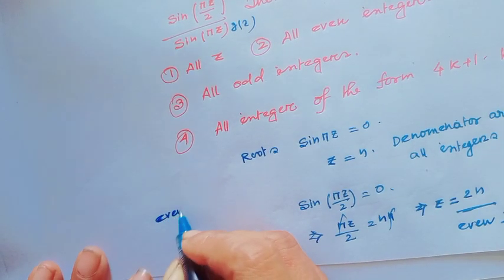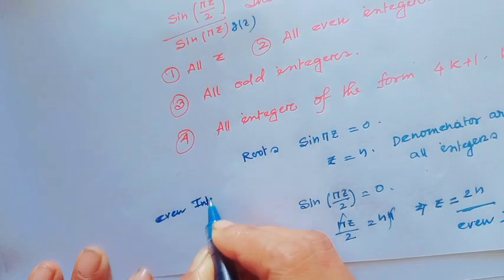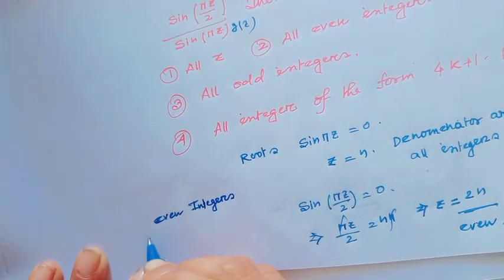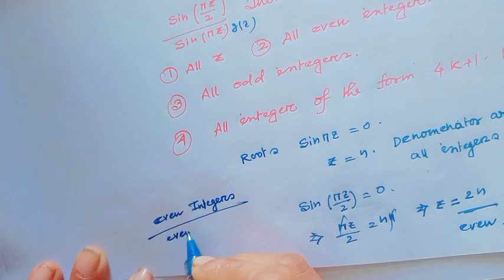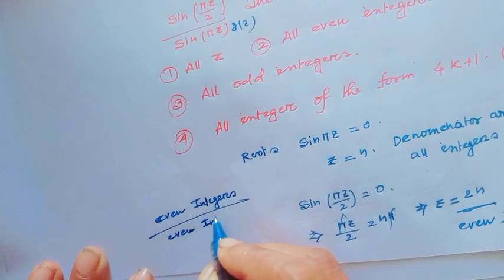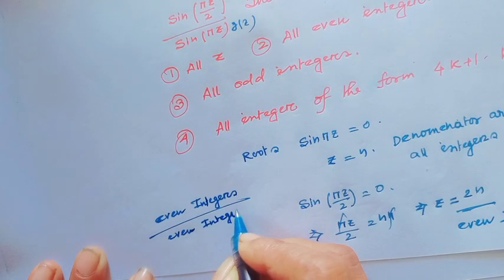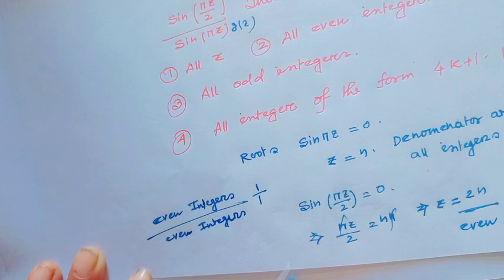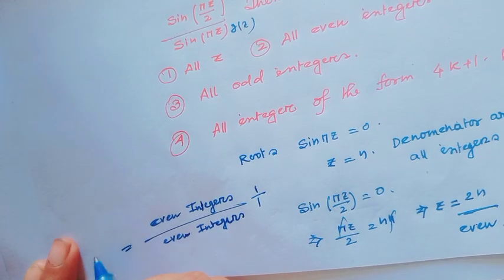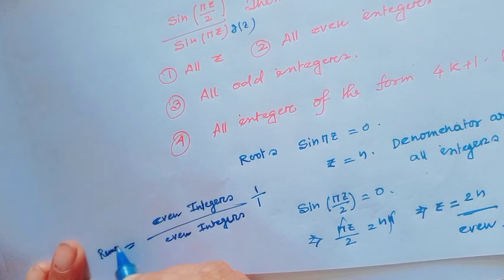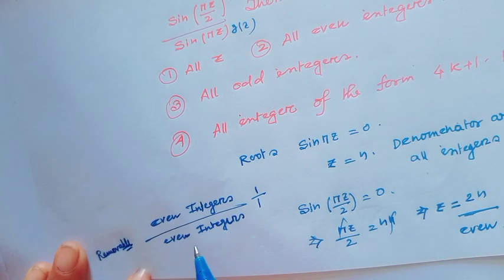Even integer divided by even integer gives the form 0 over 0, and then the singularity is a removable singularity.